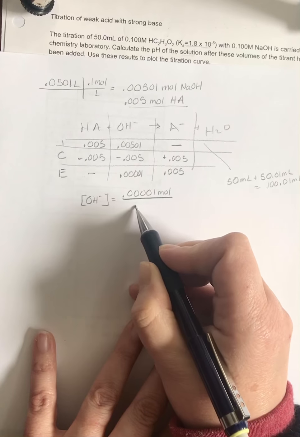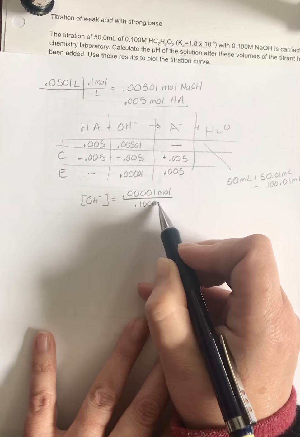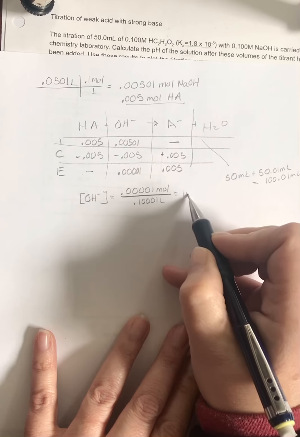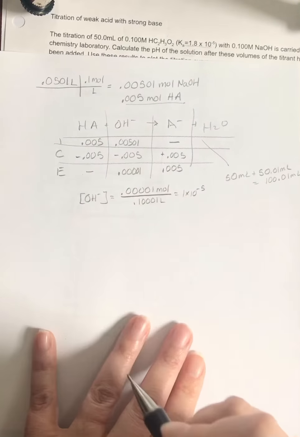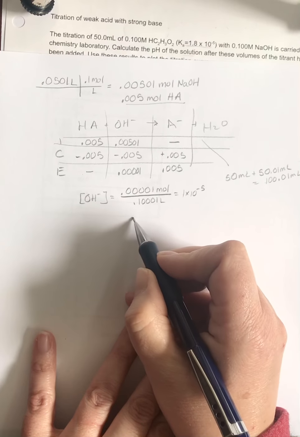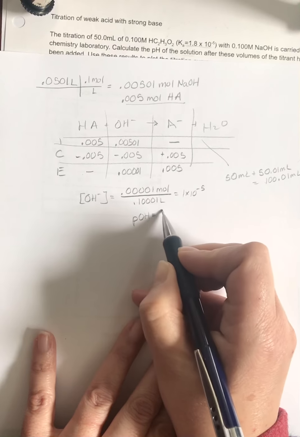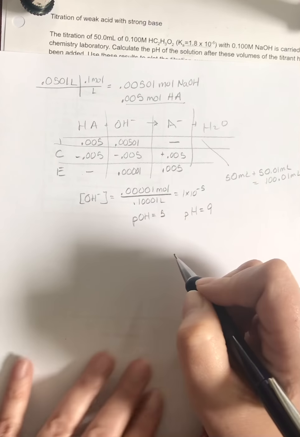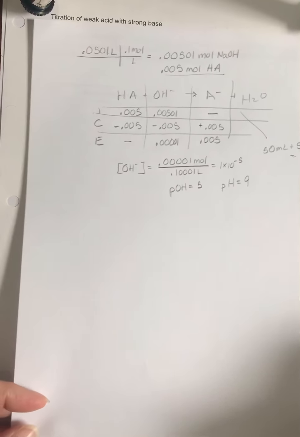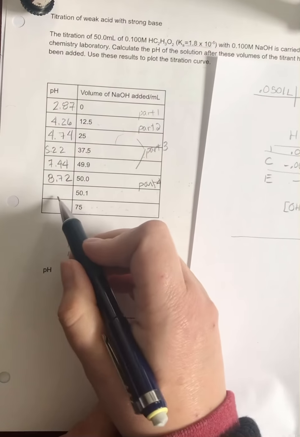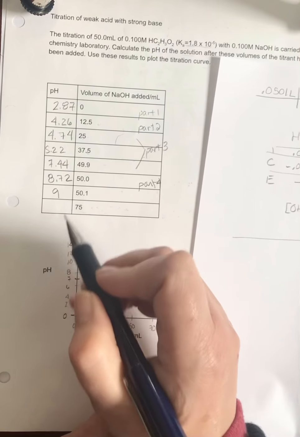So I'm going to put that here and convert it into liters. I have that for my OH minus concentration, and so my pOH would be 5, my pH would be 9. I'm just going to go ahead and go on and solve the last part of the problem. Let me put that in here, is 9.